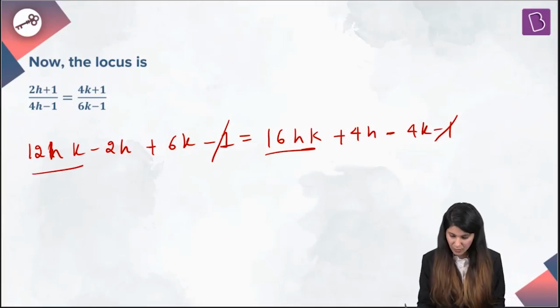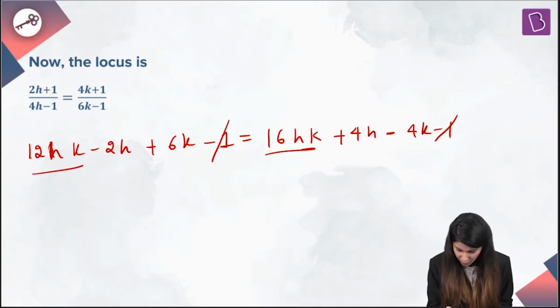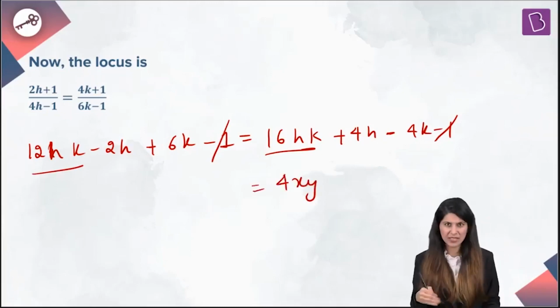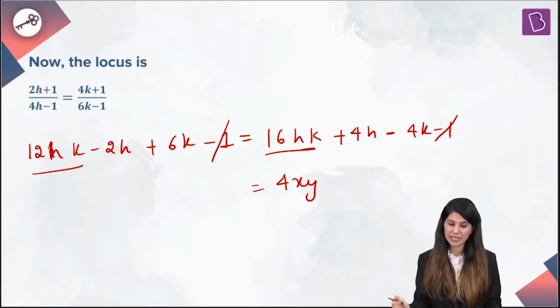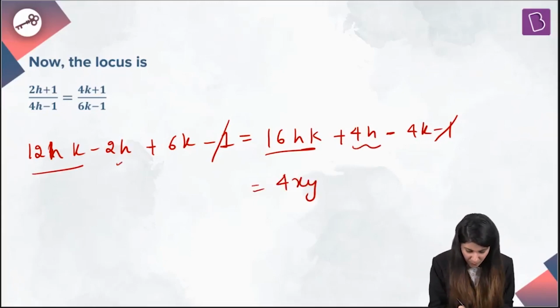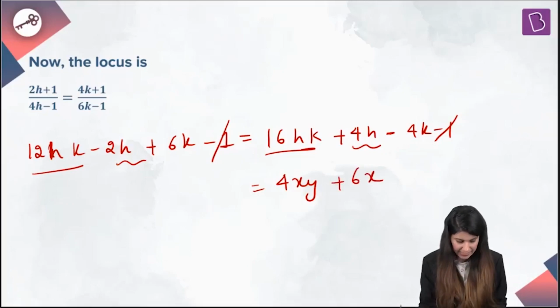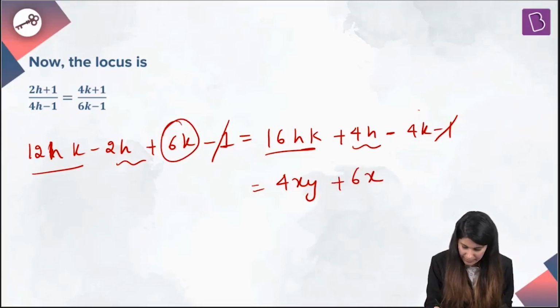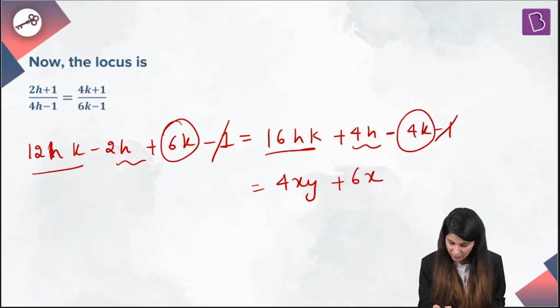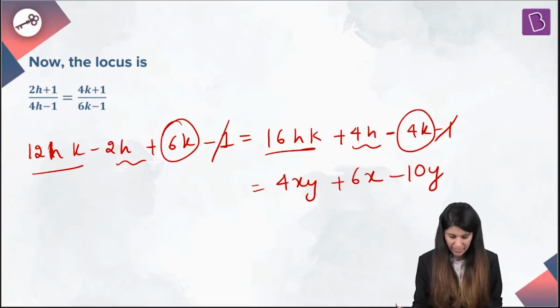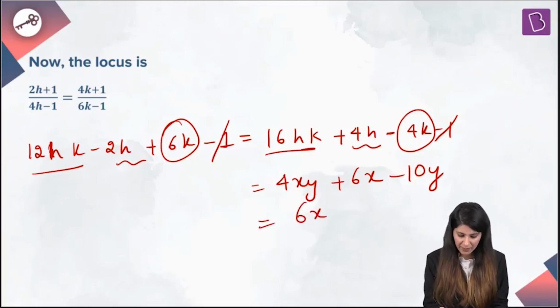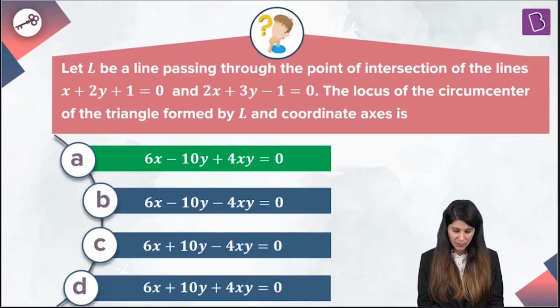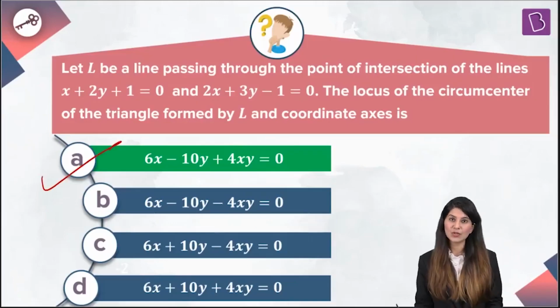These two can club together, so I'll be having what? 4xy, h being replaced by x automatically, k being replaced by y. 4h minus 2h would be what? 6x. And these two, 6k and 4k, so I'll be having what? Minus 10y. So the final I'll be having 6x plus 4xy minus 10y equal to 0, which is exactly matching with option A. Got it?